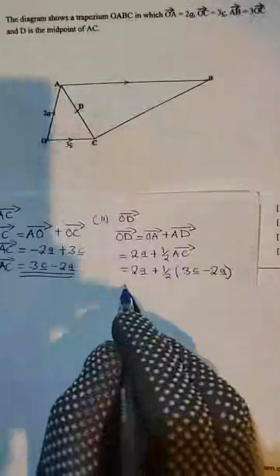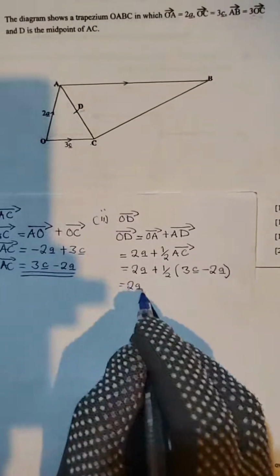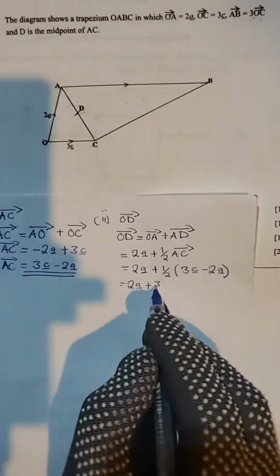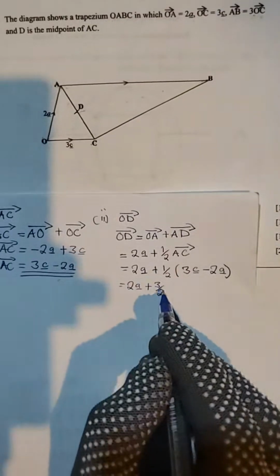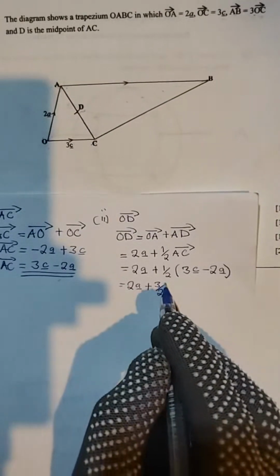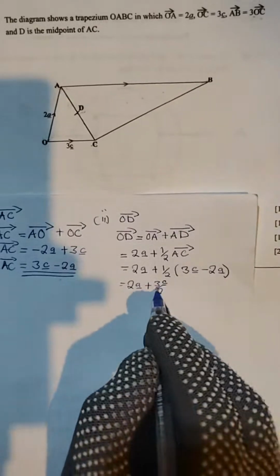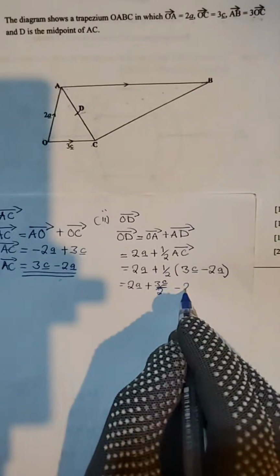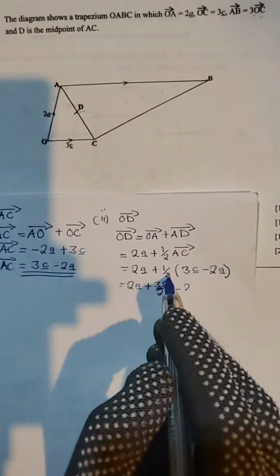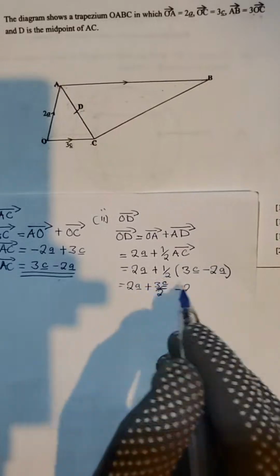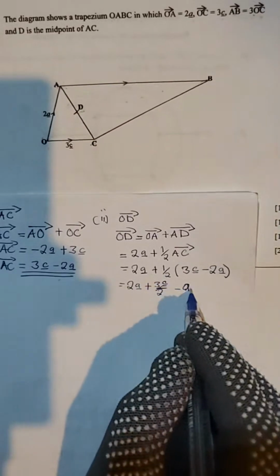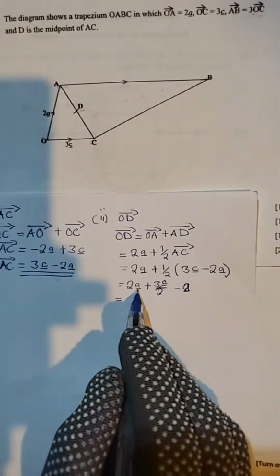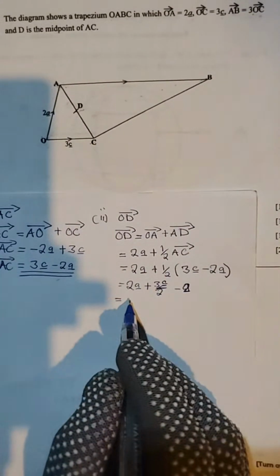Just expand this side. So you have 2 vector A plus 1 times 3 will be 3 over 2 vector C. 1 times negative 2 will be negative, and this 2 into this one will be just vector A. Then writing this nicely, we have A here and here A, so we can group the like terms.